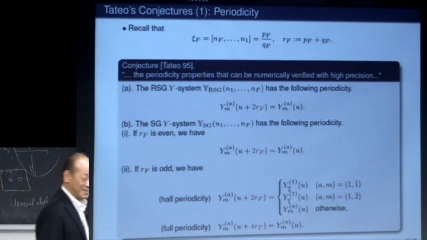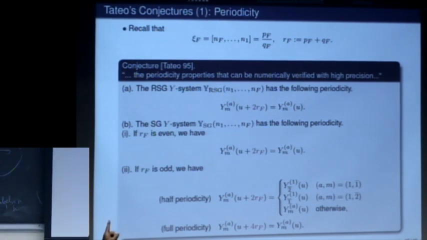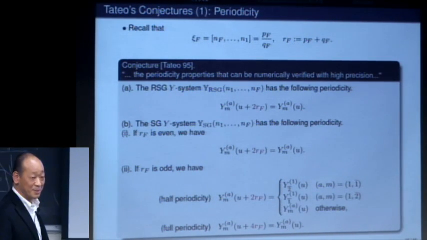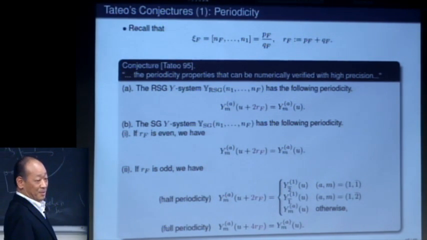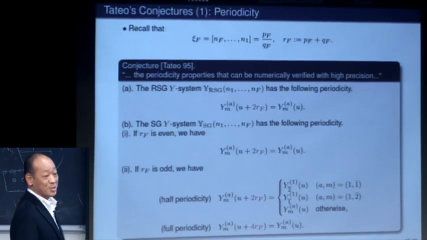Numerically verified. Of course, even a single case is enough. I mean, just take a random number, and if it is periodic, there's no chance if the original function is not periodic. Okay. Anyhow, but it is a conjecture.